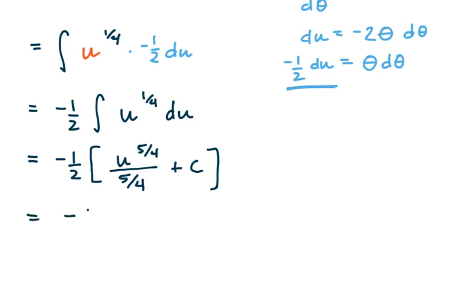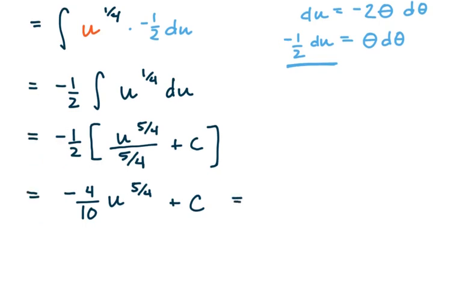So I have negative 4/10 U to the 5/4 plus C. So when I multiply negative 1/2 by 5/4, or by the reciprocal 4/5, I get negative 4/10. So that will reduce, and I have negative 2/5 U to the 5/4 plus C.